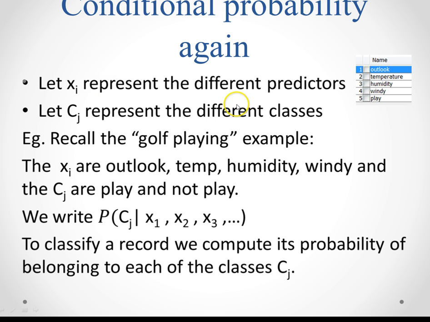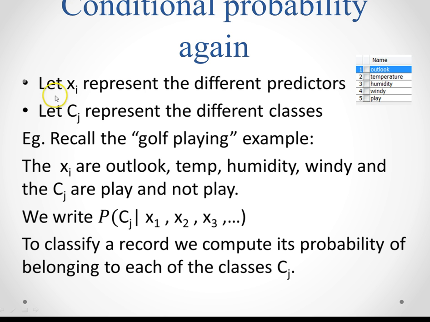Let Xi represent the different predictors. So here we had, the predictors are 5, 4, 3, 2, right? Those are the predictors, and the class is 1. Let Cj represent the different classes. So, I'm sorry, I did that wrong. These are the predictors, and this is the class, right? I'm sorry, I said that wrong.